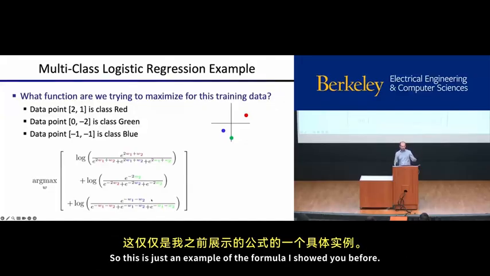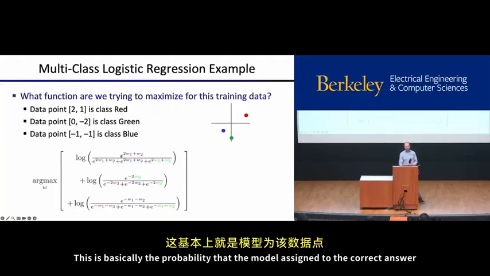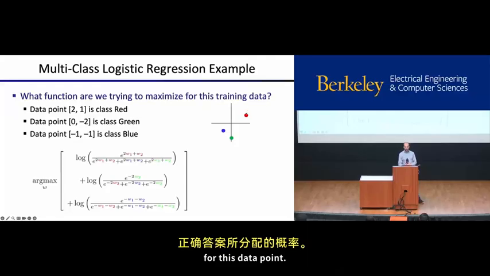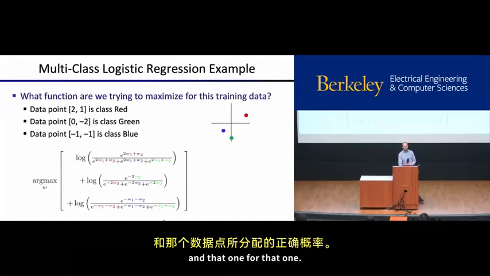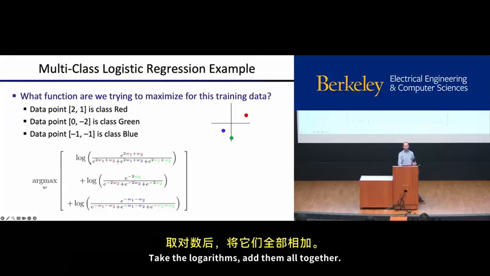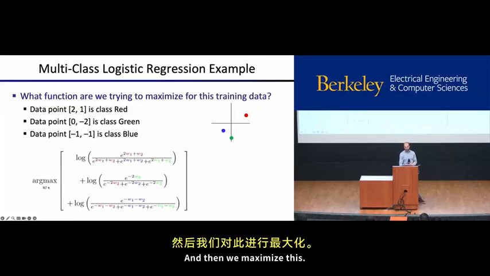So this is just an example of the formula I showed you before. This is basically the probability that the model assigned to the correct answer for this data point, and that one for that one. Take the logarithms, add them all together. That's the log probability of the total. And then we maximize this.